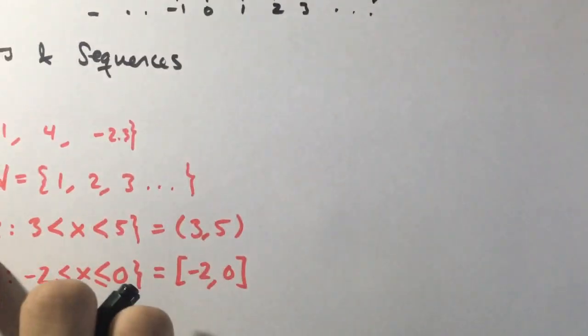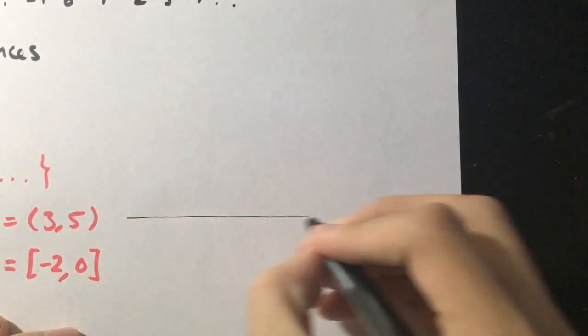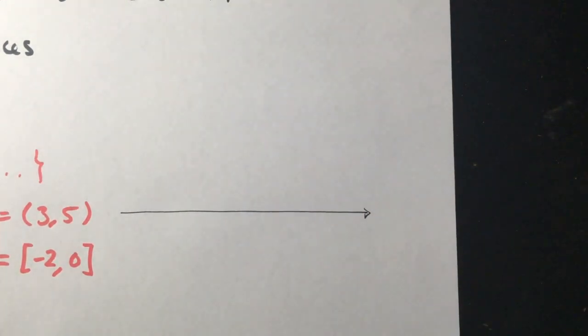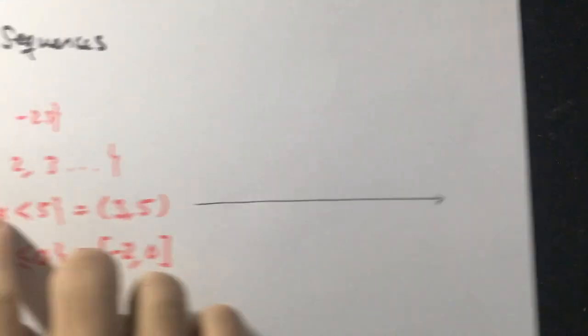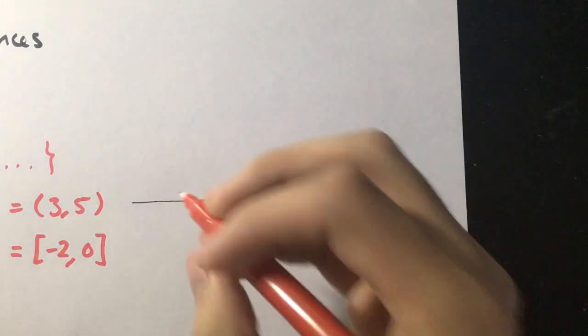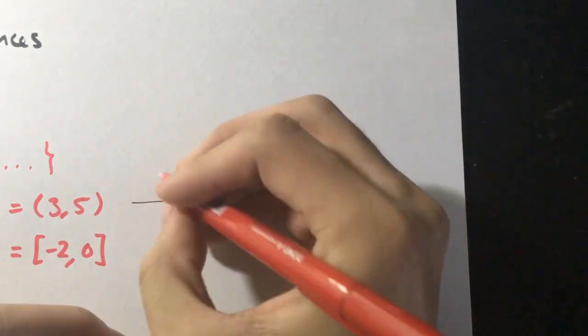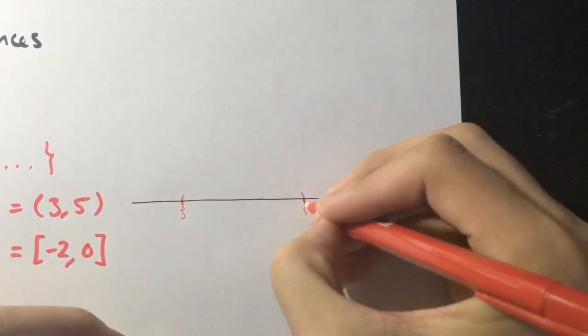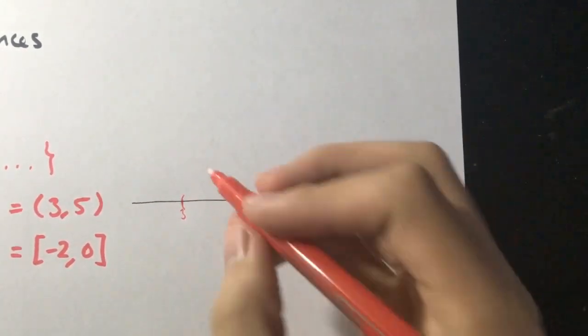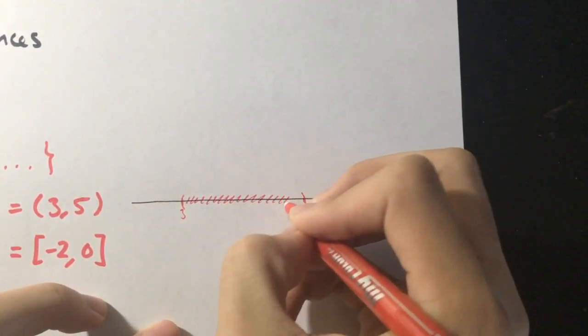So for example, let me draw a number line like that. Then this set you can sort of draw out like so. There will be a 3, there is a 5, and you can use these brackets to denote that I'm not including 3 and 5. Basically this set covers all of these different numbers here, right?